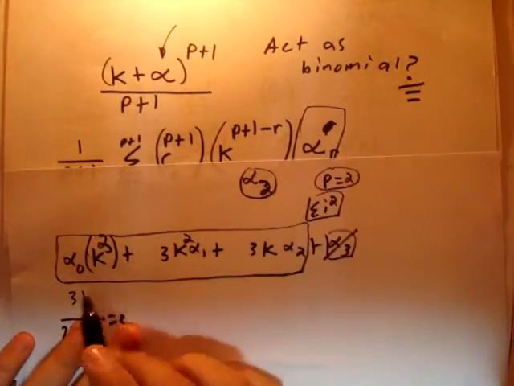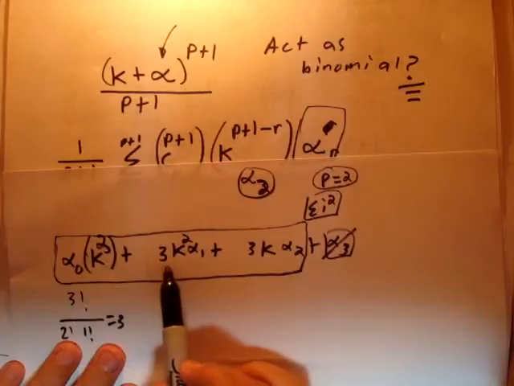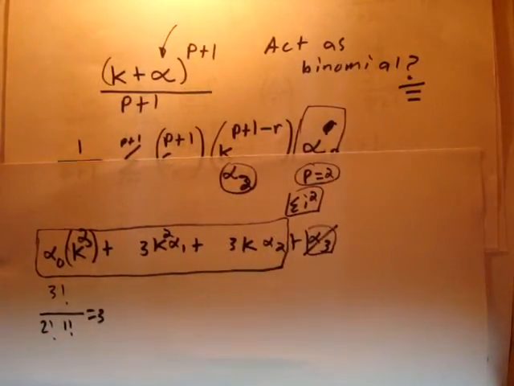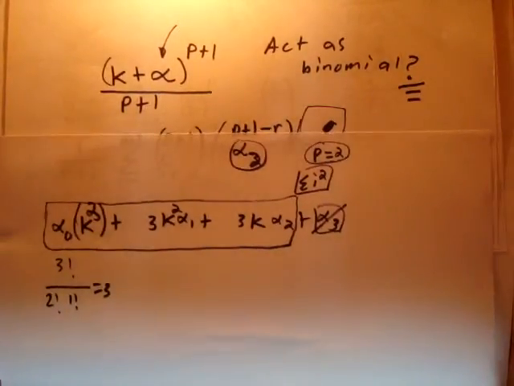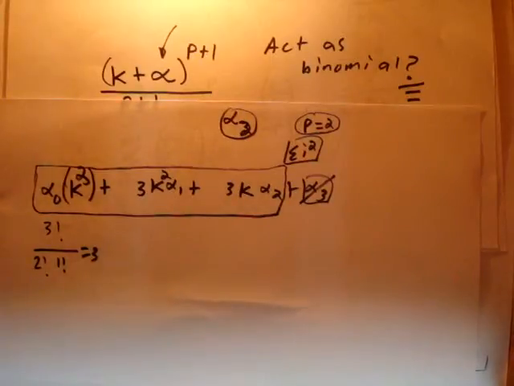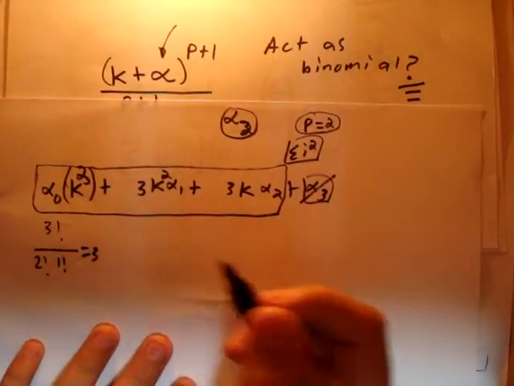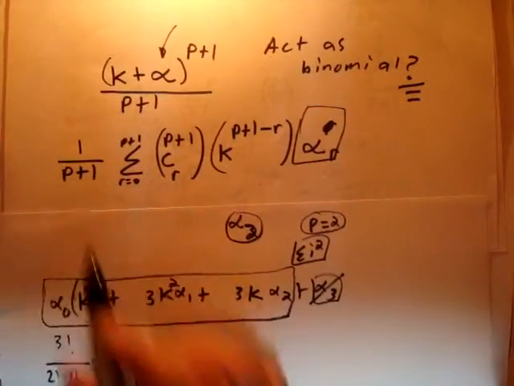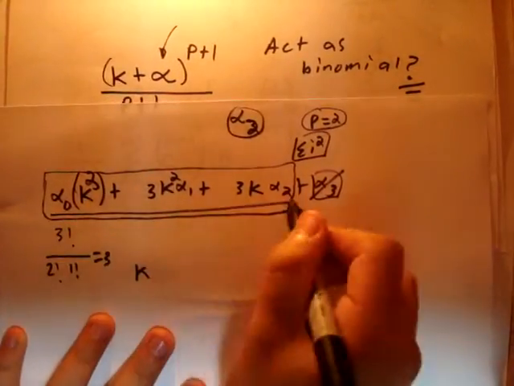But imagine we're right here. We know what alpha 0 and alpha 1 are, but we don't know what alpha 2 is. So let's try to anticipate what the result is. Alpha 0 was 1, so we're going to have k, and the whole thing was divided by p plus 1, so it's divided by 3.